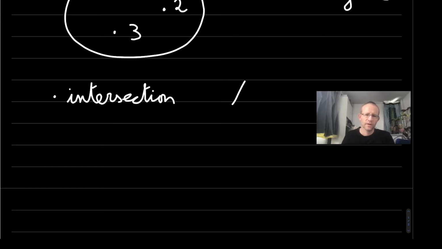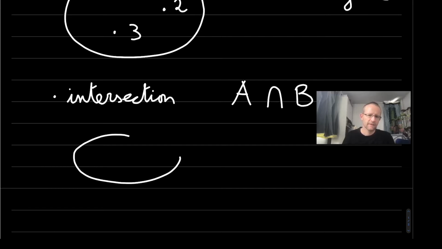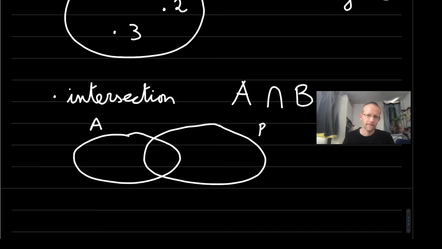We'll denote it by A cap B. So let's draw two sets, A and B. Then the intersection of A and B is the collection of all elements that sit both in A and in B.